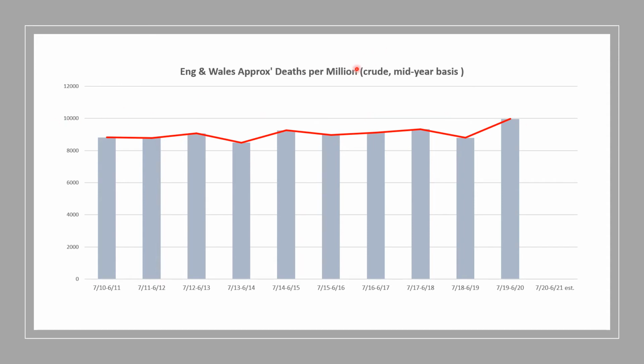So 1% is 10,000 per million, and it does look like there is some potential upward trend, that the year July 2018 to June 2019 is below trend, and the first COVID wave or first COVID season is above trend, which means we need a trend to compare with.